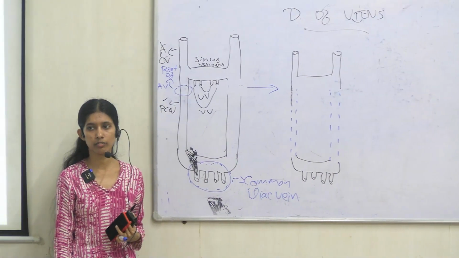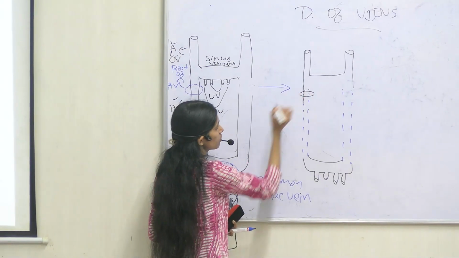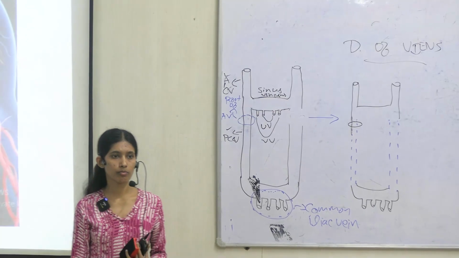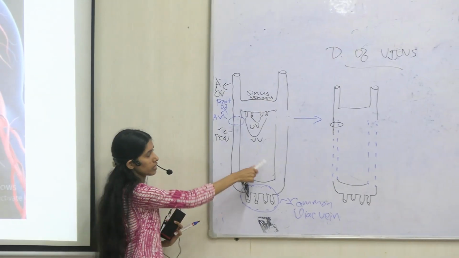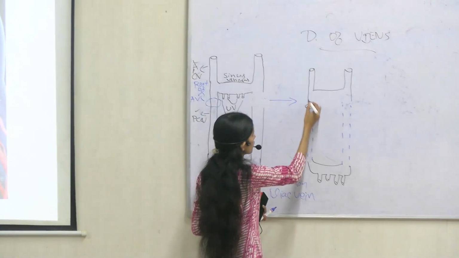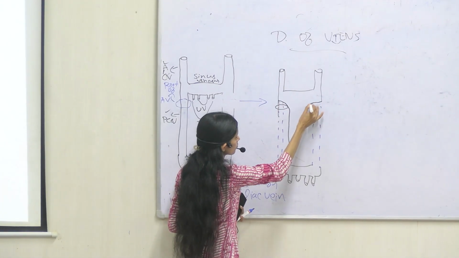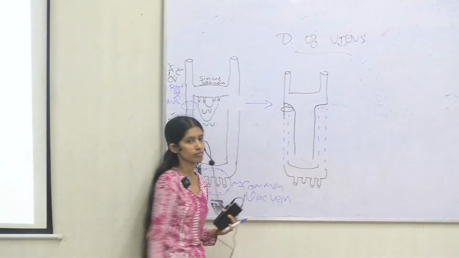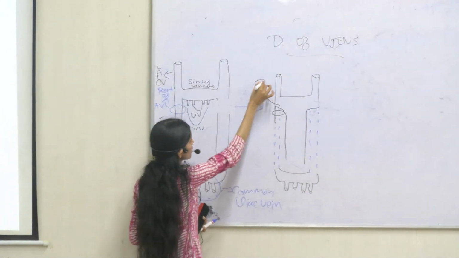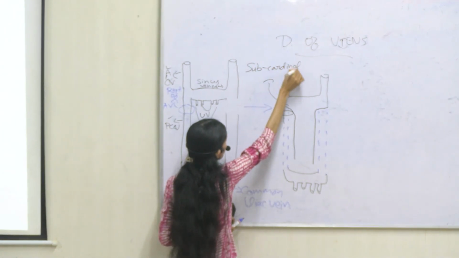On the other end, we have common iliac vein, and on the root parts, we have azygos vein. Okay, so once the posterior cardinal vein disappears, the first set of veins that appears will be like this. These veins are called subcardinal vein.